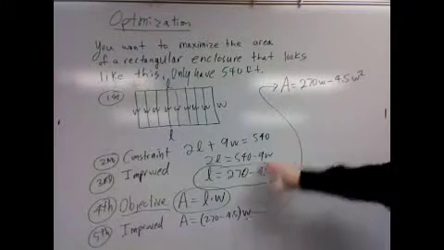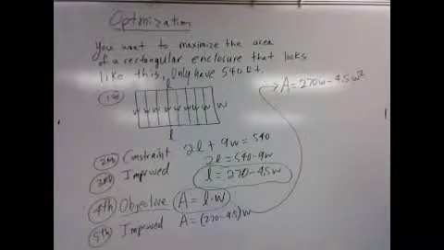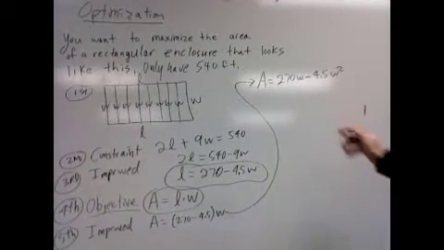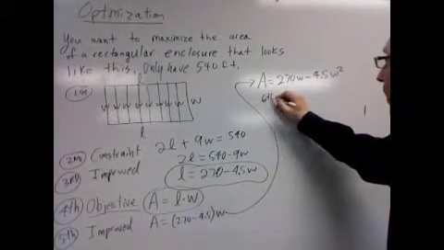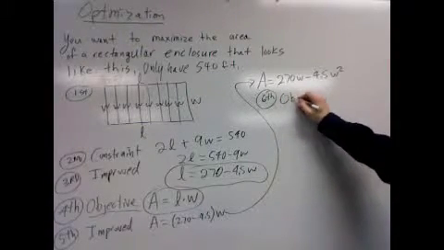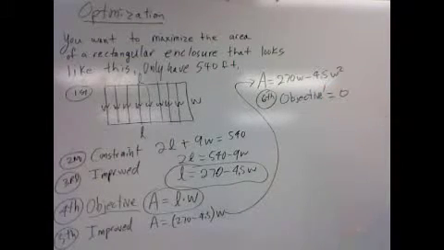Why would I want to make that move? The reason is because of the next step, which is to use calculus: take the derivative of the objective equation and set it equal to 0.